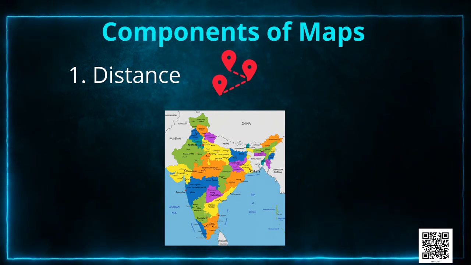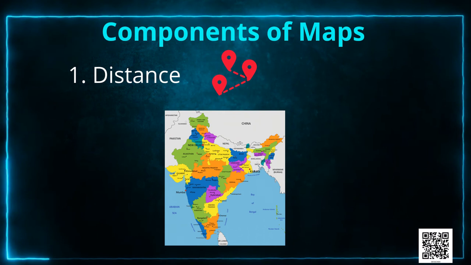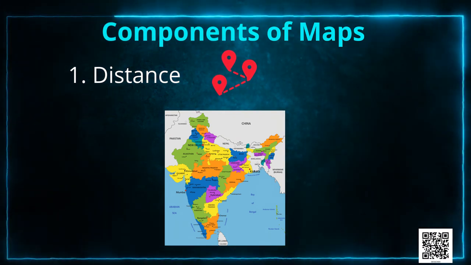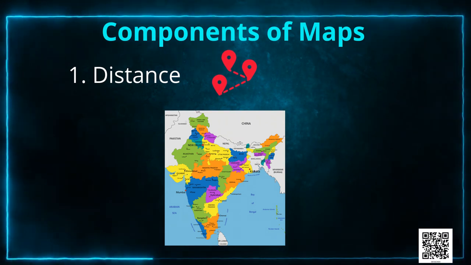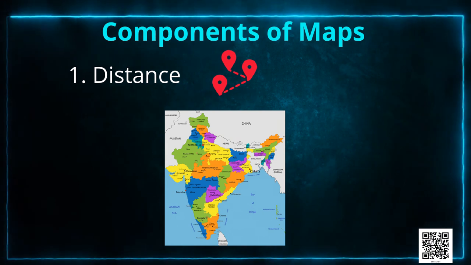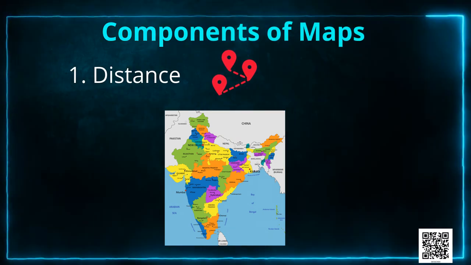But this reduction is done very carefully so that the distance between the places is real. It can only be possible when a small distance on paper represents a large distance on the ground. Therefore, a scale is chosen for this purpose.